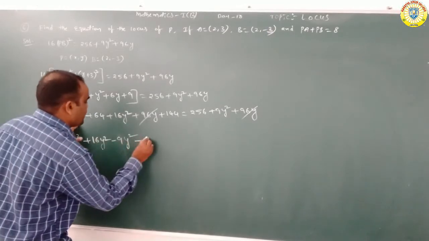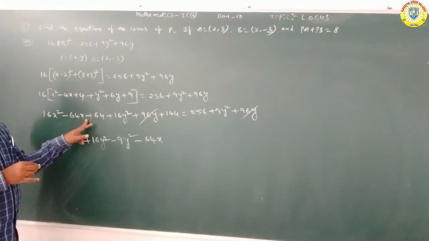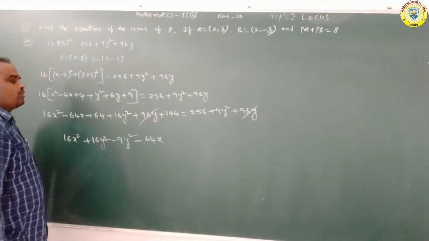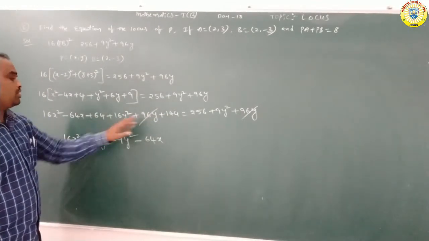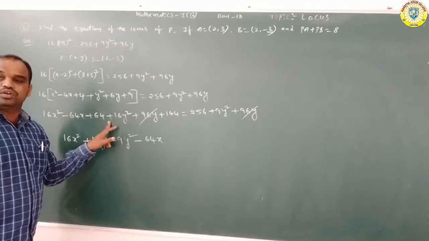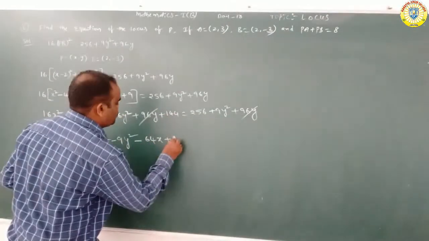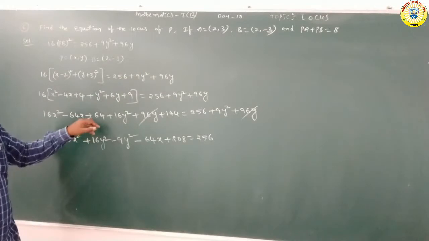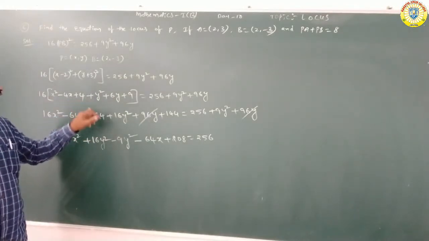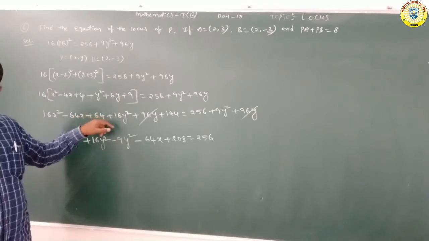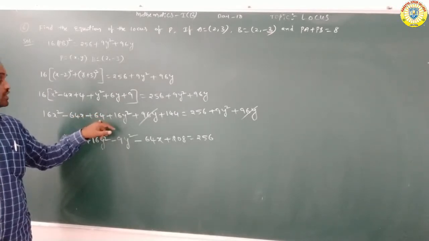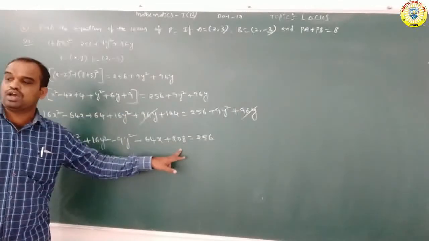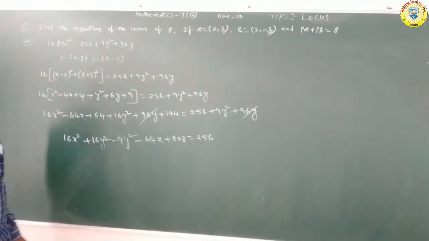Here what is the remaining value? Minus 64x. Now 144 plus 64, how much is that? 208. 144 plus 64 is 208, and 208 is equal to what is the value? 256. 16 4s are 64, 16 9s is 144. 144 plus 64 is 208. 208 is equal to 256.